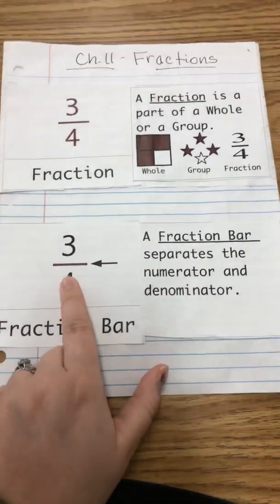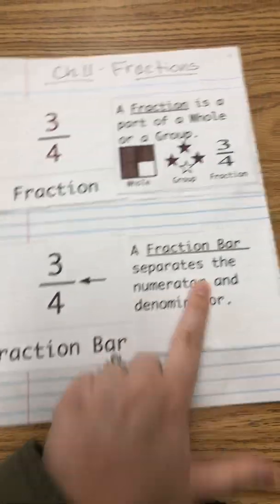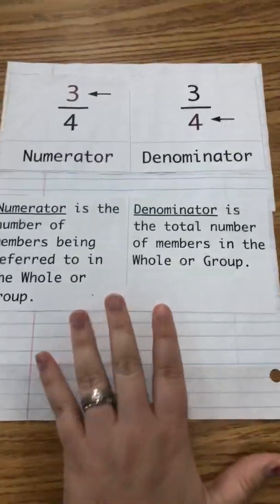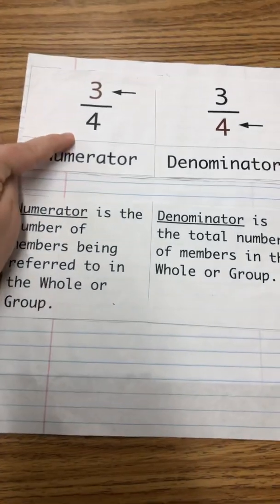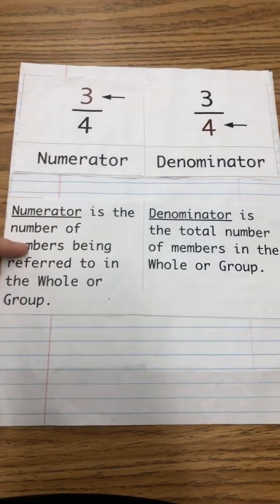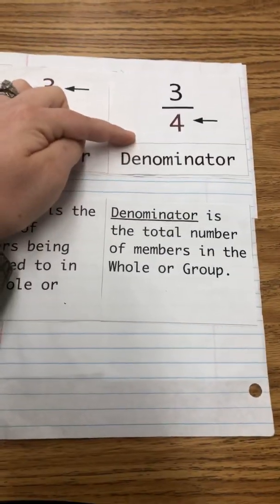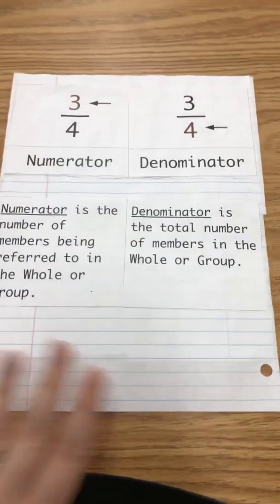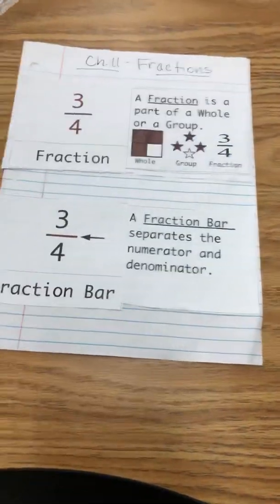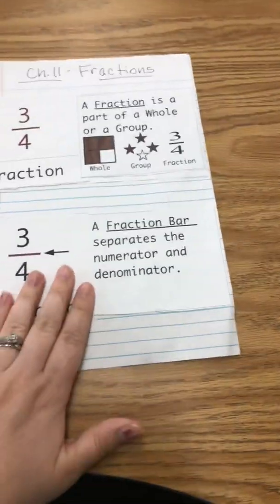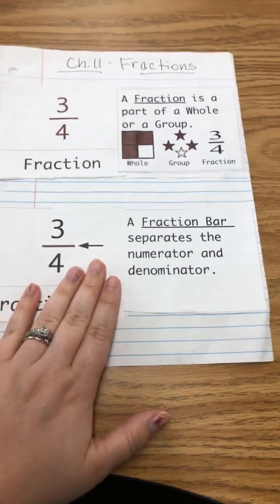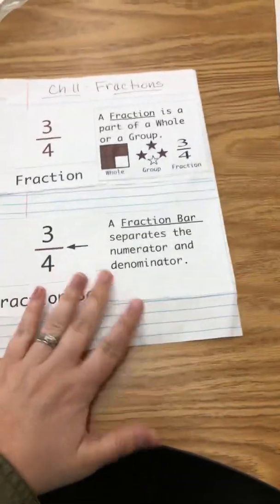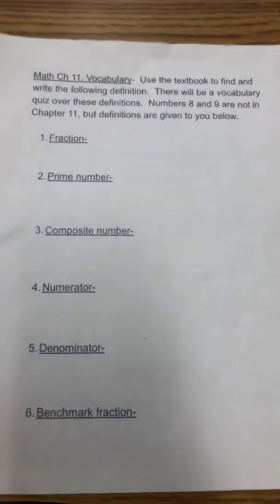This is the fraction bar, and you want the fraction bar definition. Then on the back, we have the numerator with the numerator definition. Then we have the denominator, and that is the definition for it. So you can pause this video, and when you are finished cutting and pasting and gluing this into your notebook, we can move on to your Math Chapter 11 vocab.